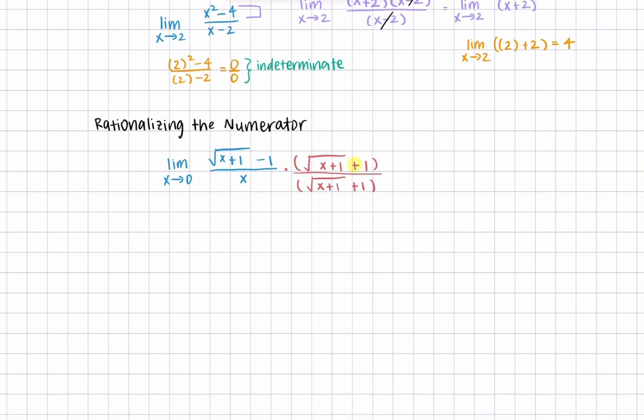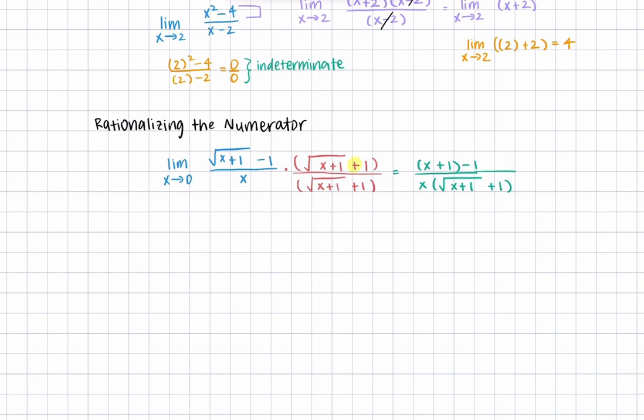When I multiply this, I would get x plus 1 minus 1 all over x. And I'm not going to multiply out the denominator, and you'll see why in a moment.